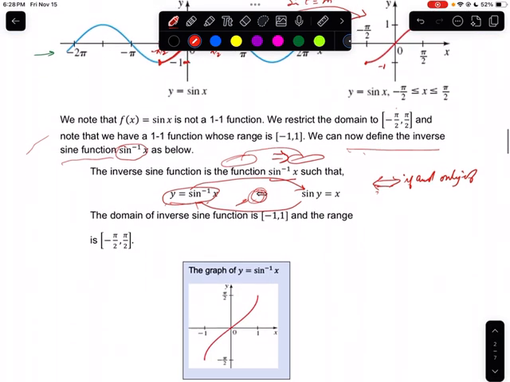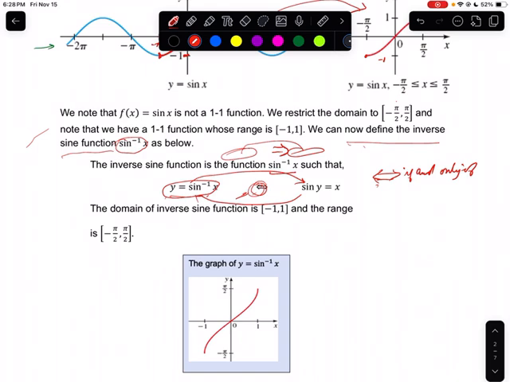Okay, so now if you recall from before, from section 2.8, for the inverse function, the range of the inverse function is the domain of the actual function, and the domain of the inverse function is the range of the actual function. In the sine function, remember the domain is on the x-axis, negative pi over 2 to pi over 2, but now that will go to the y-axis here.